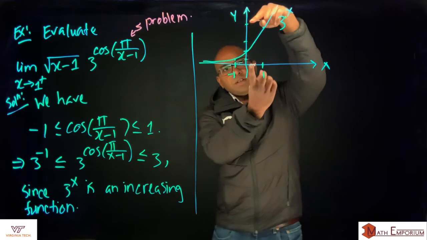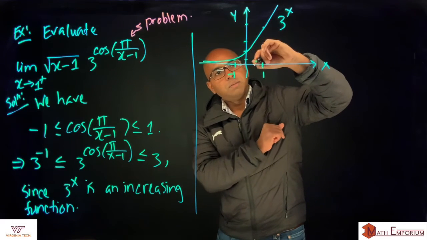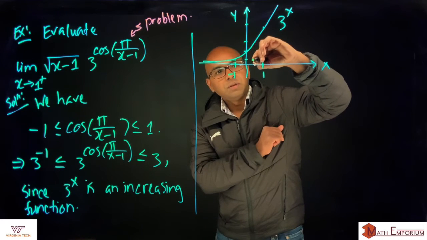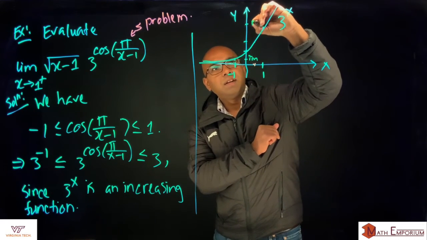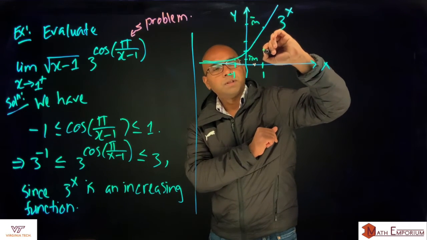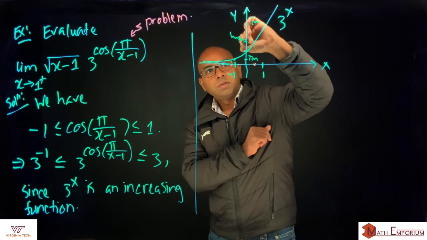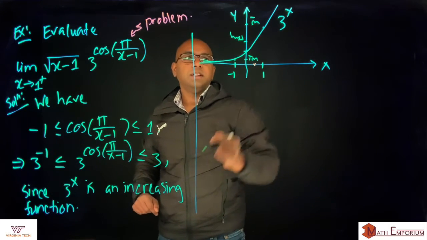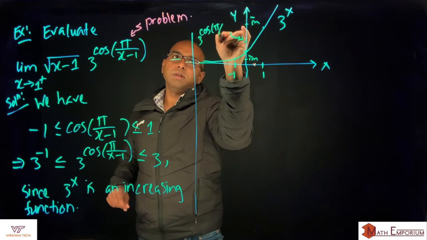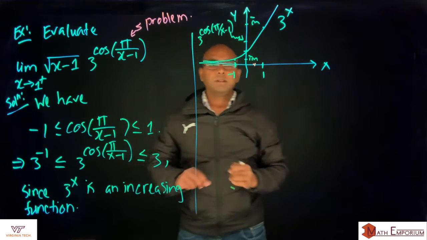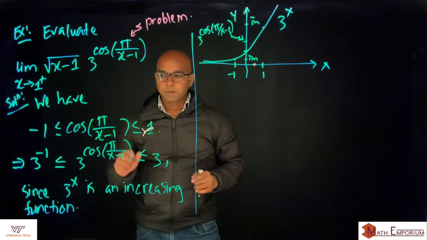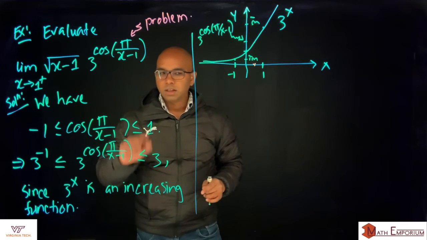So this guy is 3 to the negative 1, that guy is 3 to the 1, and this guy here is 3 to the power cosine pi over x minus 1. So that shows why the inequality signs will be preserved. We needed that, that's very important.